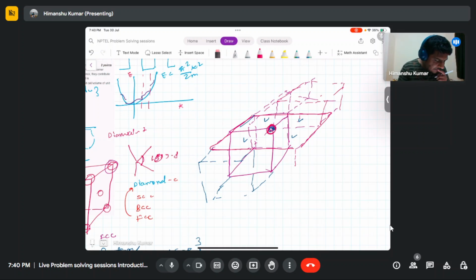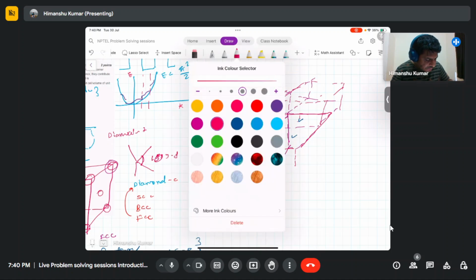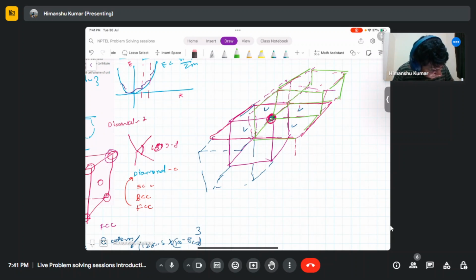Is that clear? Maybe my drawing is a bit bad, so let me draw it with a different color. Let me take this green color. So this is one of the unit cells on the top of that unit cell, right? And you can extend this side also, and similarly you can extend this.